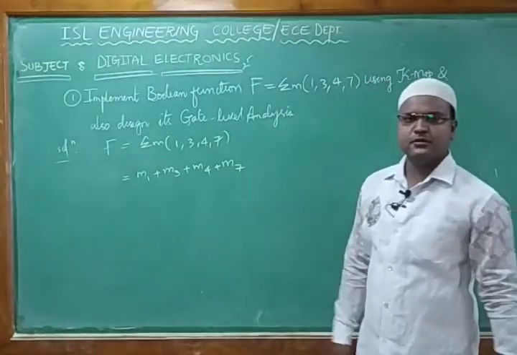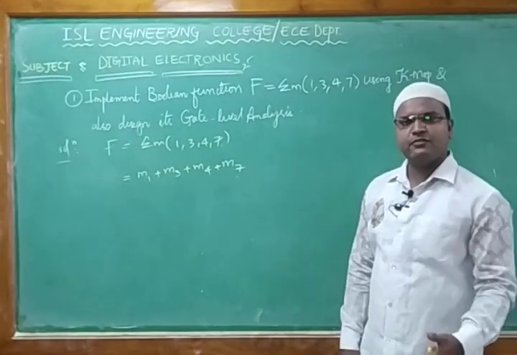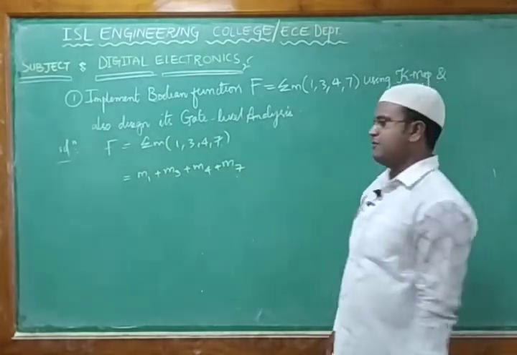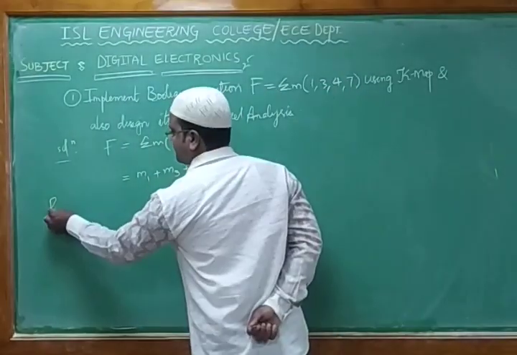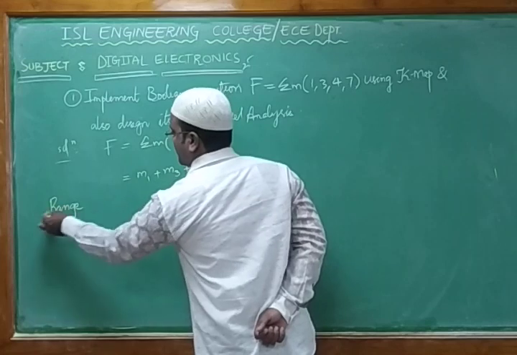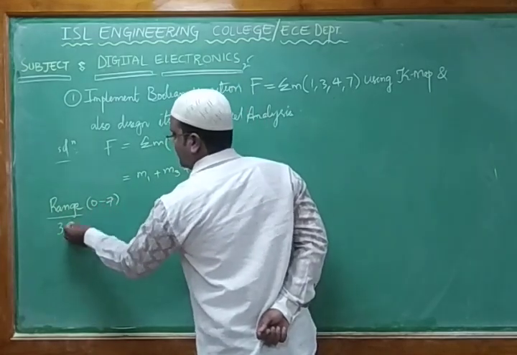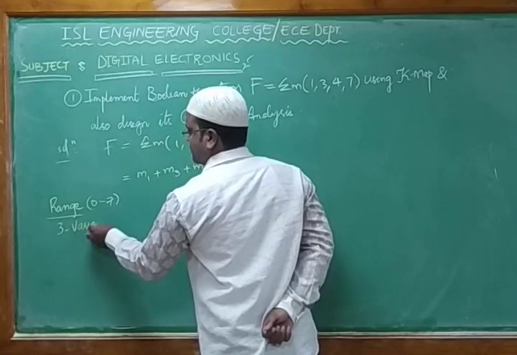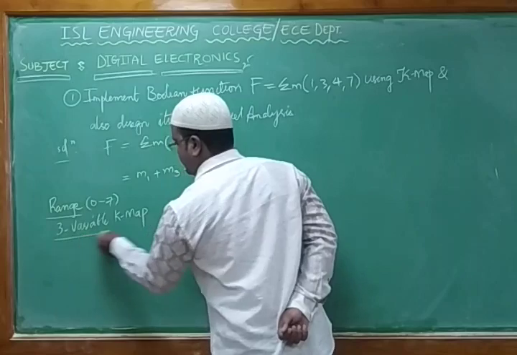We have 4 min terms. By looking at the min terms, we need to decide whether it is a 2 variable, 3 variable or 4 variable K-map. The range is from 0 to 7, so it is nothing but a 3 variable K-map I need to design.